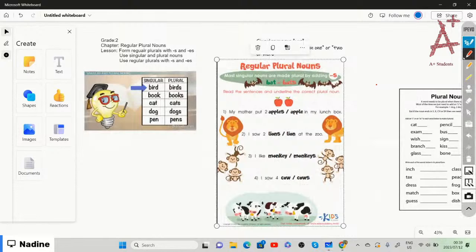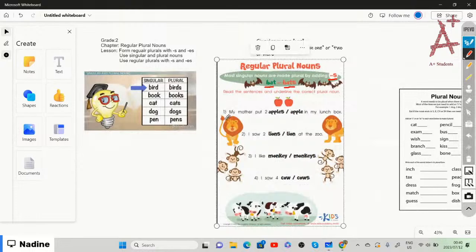Like for example, one bat, and there we have two or more bats. We just added an S to make that word plural. So we're going to read the sentences and underline the correct plural noun. So we need to underline the plural noun, right? And plural indicates that there is more than one or two or more.